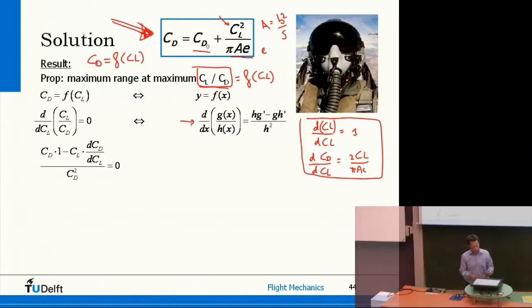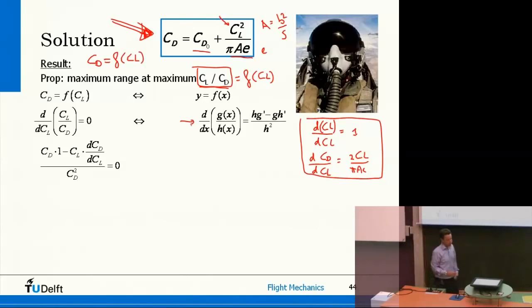Now, one thing you can note is that drag coefficient, we always have some drag coefficient. This is never equal to 0. So if we take the top part of the derivative, then that has to be equal to 0.